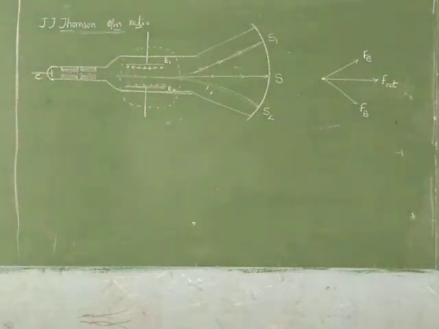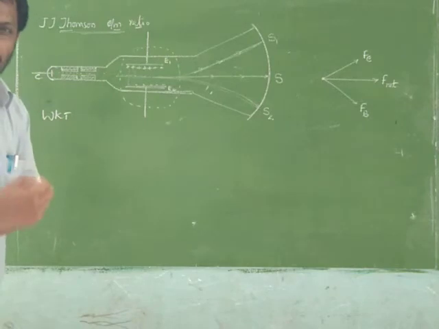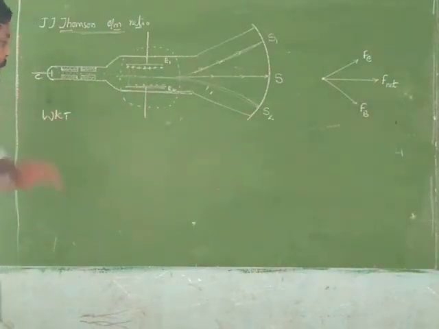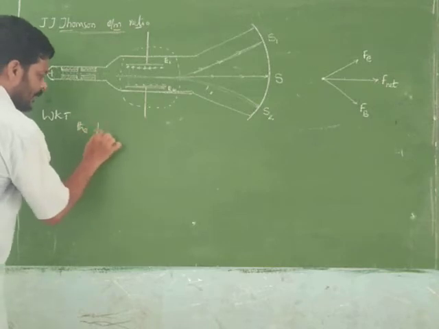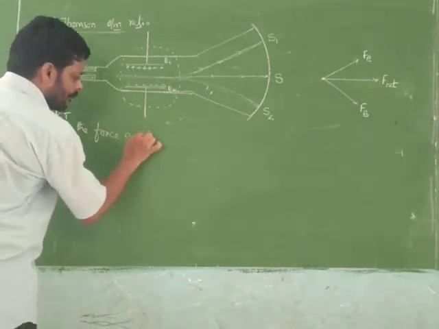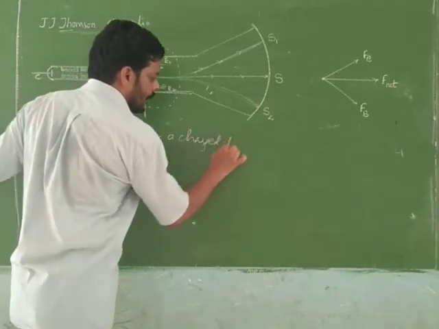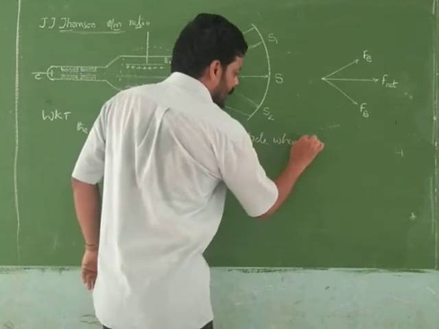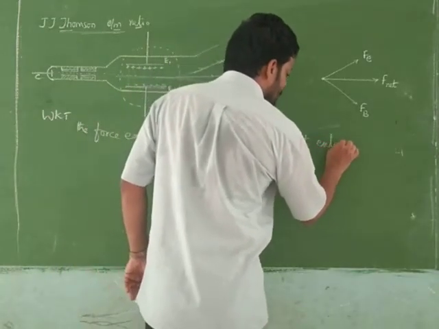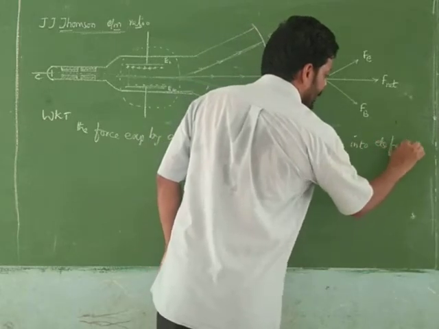Okay. Now, we know that already, since we learned about electric field and magnetic field. So we know that the force experienced by a charged particle when it enters into an electric field.